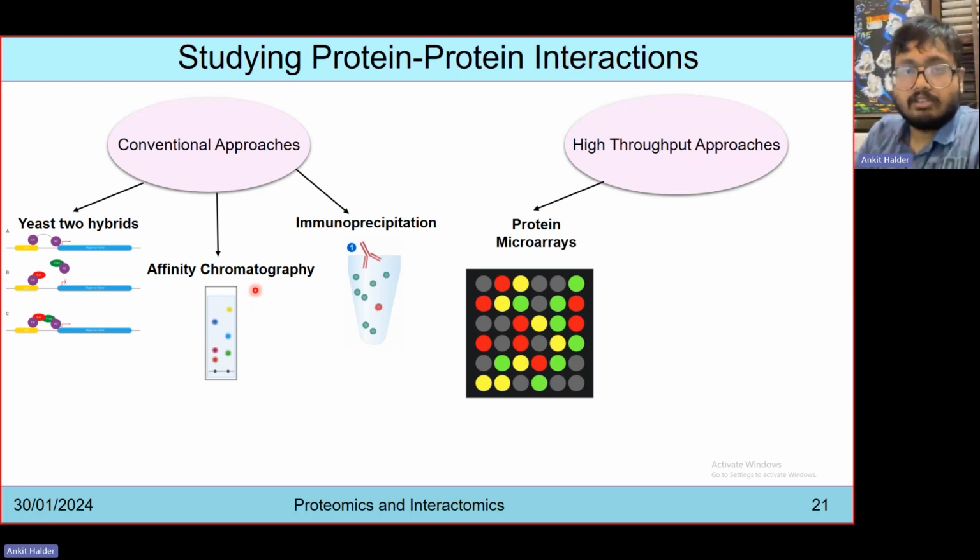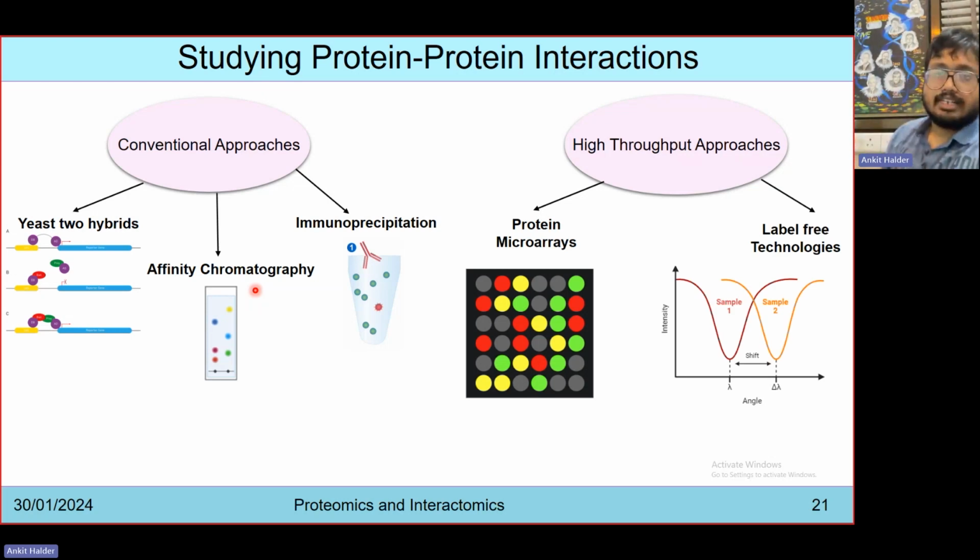Like the protein microarrays, which we have talked about, which are very useful because you have 20,000 proteins printed on that particular slide, and you get an idea of which proteins are interacting and which are not. Another is label-free technologies like SPR or BLI, etc. So these are all high throughput approaches which we have talked about.